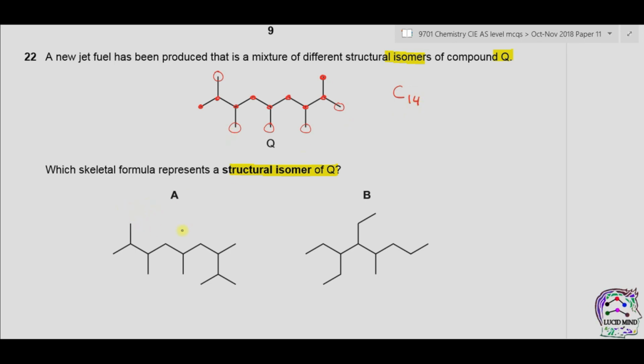Now let's look at A. We have 9 carbon atoms in the long chain, 5 carbon atoms as substituents. So in total we have 14 carbon atoms.